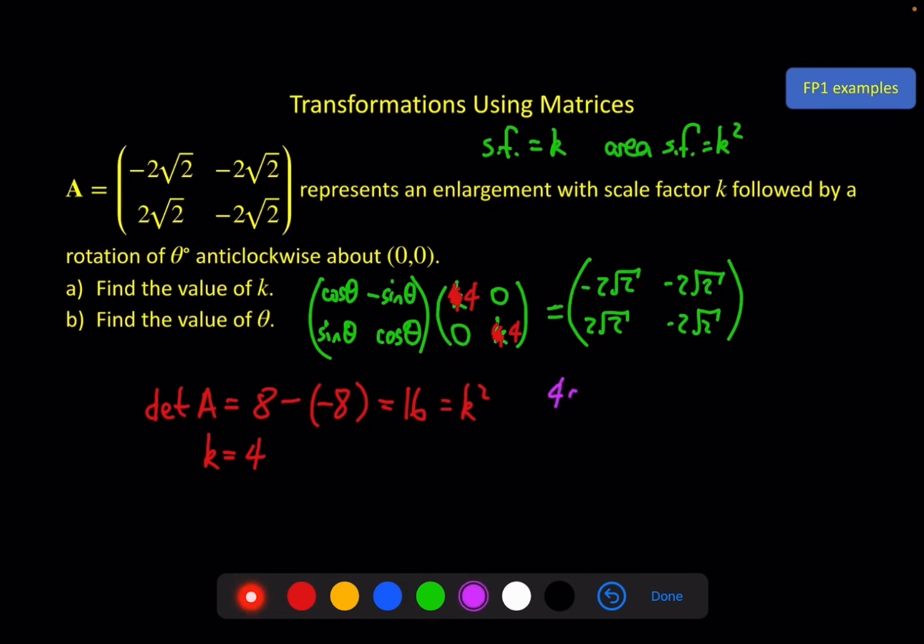So we've got 4 cosine theta must equal minus 2 root 2. And let's take a sine theta as well. So let's have 4 sine theta plus 0 must equal 2 root 2.